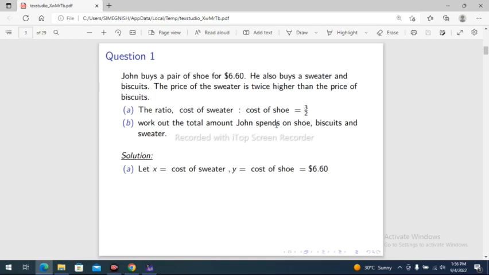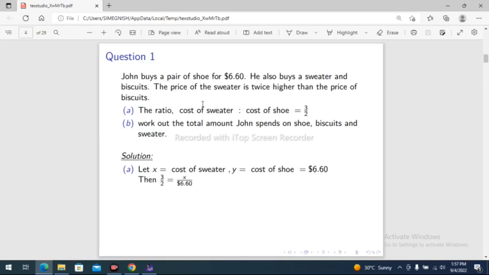To tackle this kind of question, I always use variables, which helps me to clarify. Let x denote the cost of the sweater and y the cost of the shoes, and we know the cost of the shoes is 6.60.